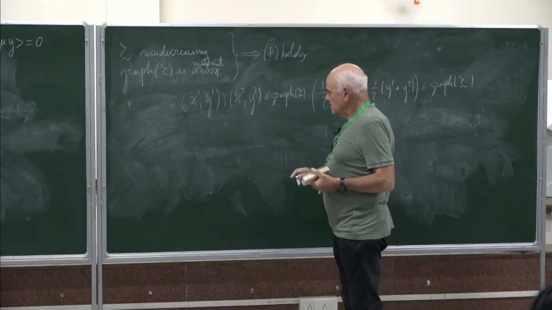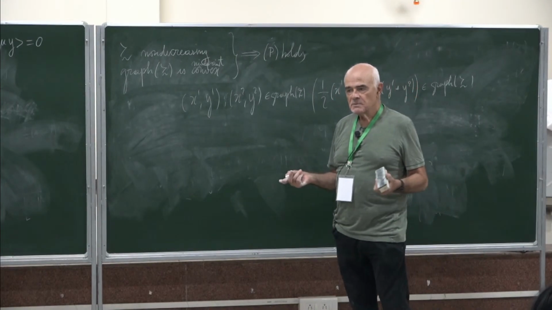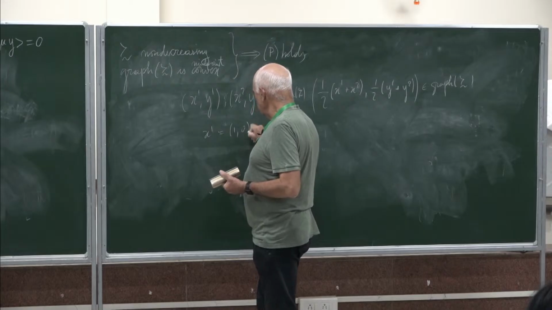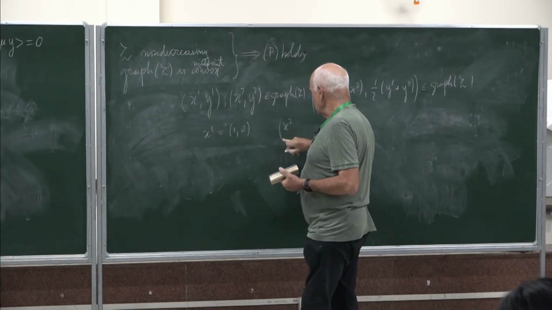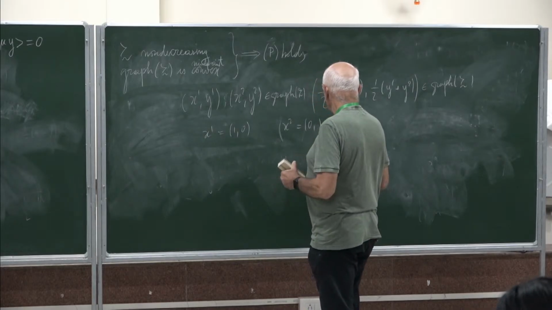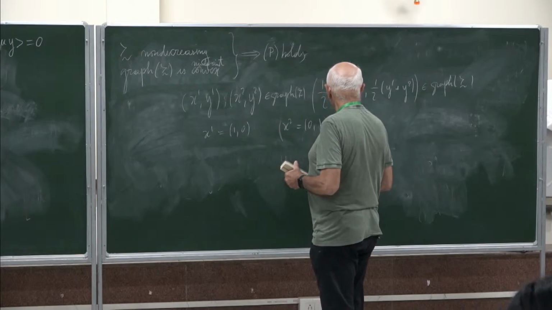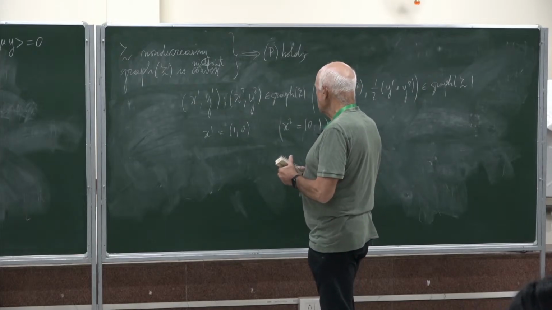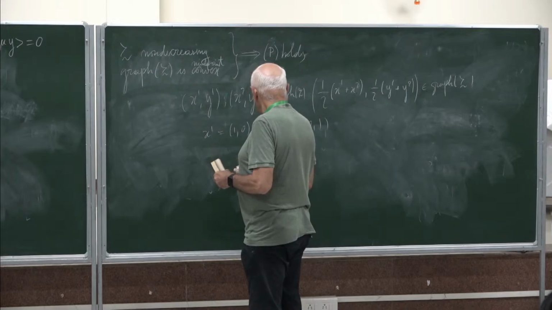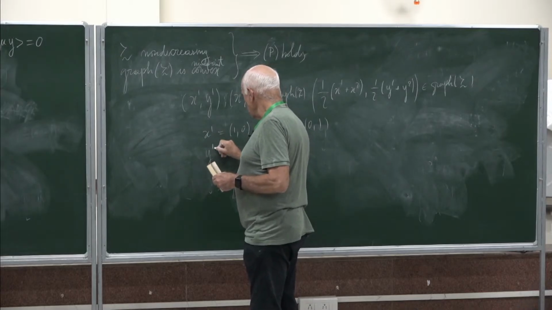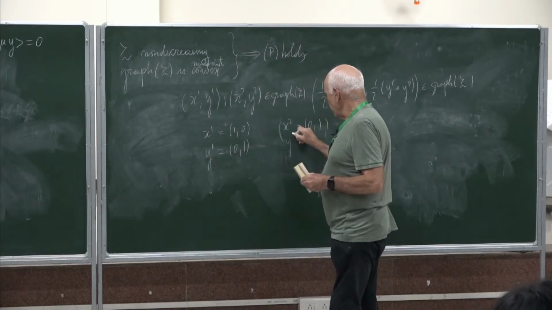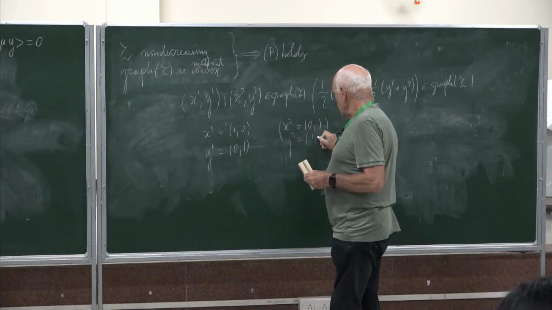So in particular, suppose we are in R2 and x1 is (1, 0) and x2 is (0, 1). Okay, and y1 is (0, 1). Okay, and if you want, y2 is (1, 0).